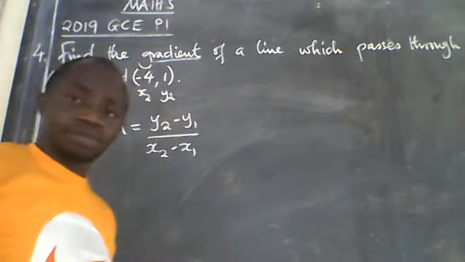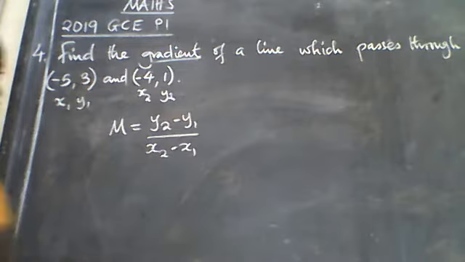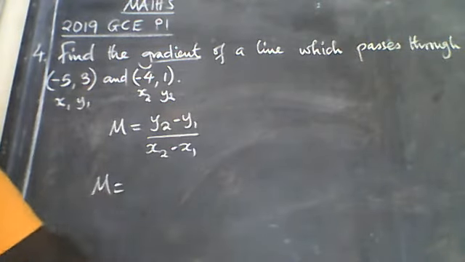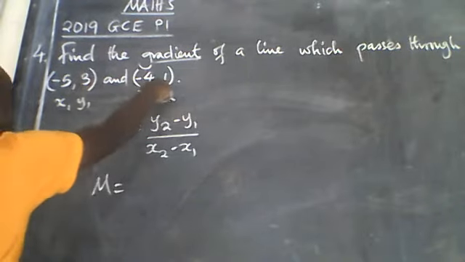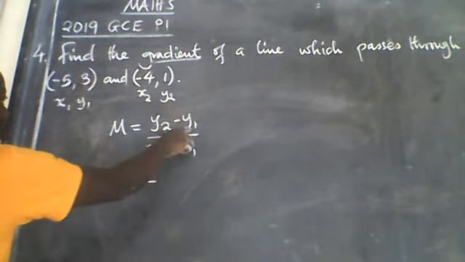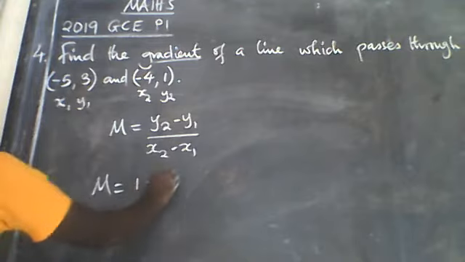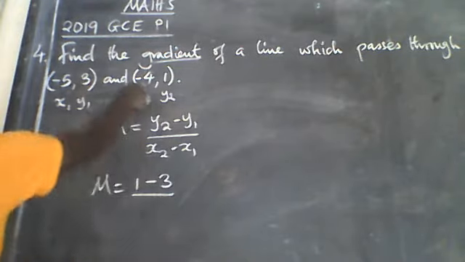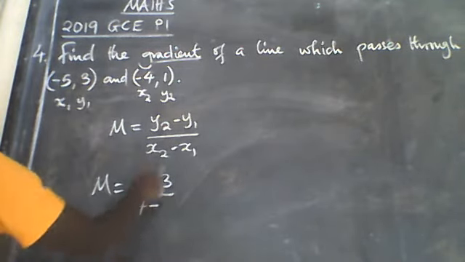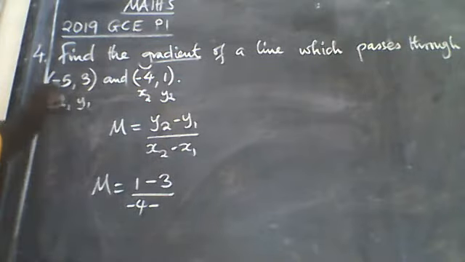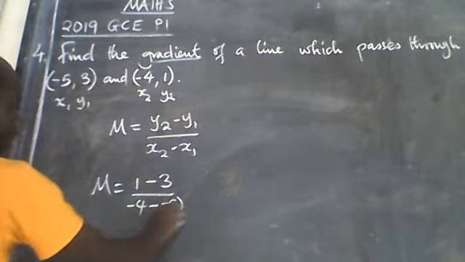That is for gradient. Put those numbers in there, which will give us y2 is 1, so I have 1 there, minus y1, here 3, over x2, here -4, minus x1, which is -5. So we have -5 there.